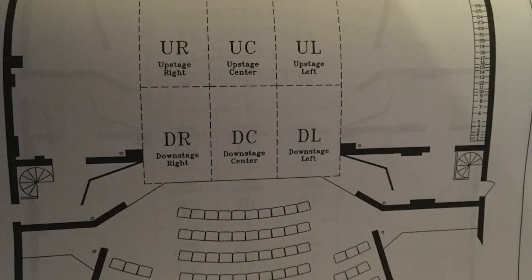As you can imagine, on a proscenium stage, if you look at that diagram, if you walk up to the plaster line and even over the orchestra pit area, past where the curtain is, when you are facing the audience, everybody in the audience in theory should be able to see you.